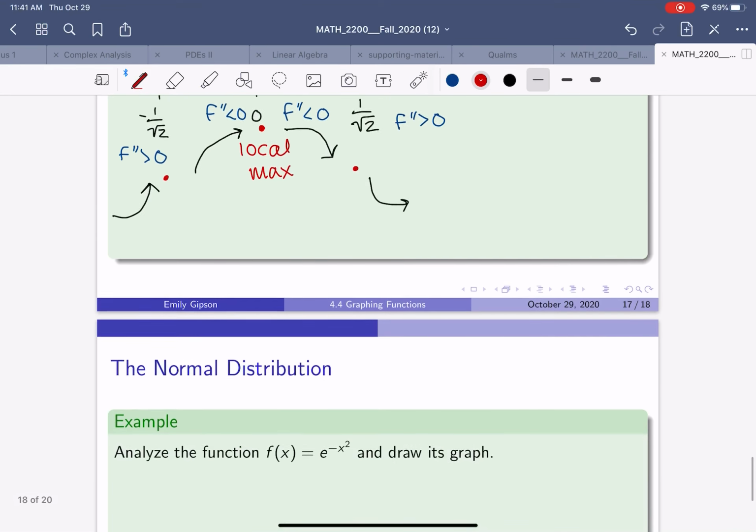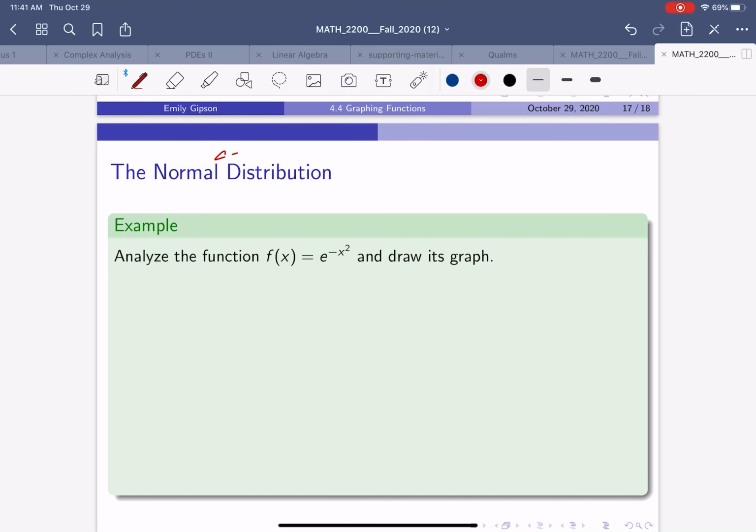So let's go ahead and graph this function. We know we've got inflection points and a local maximum.